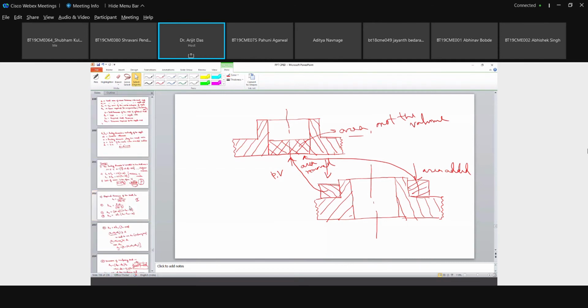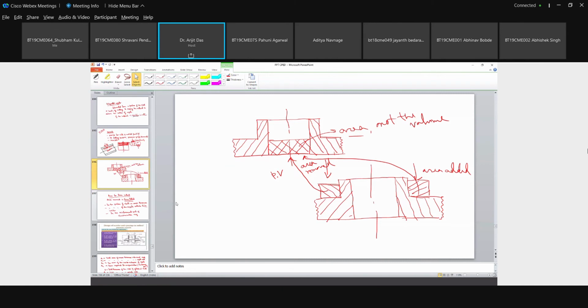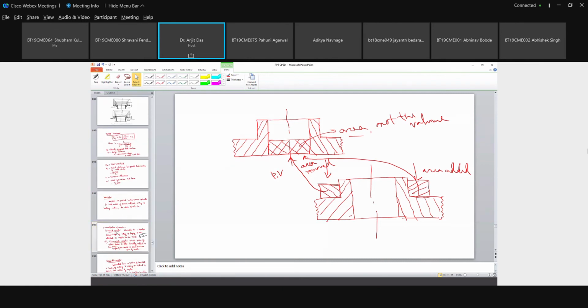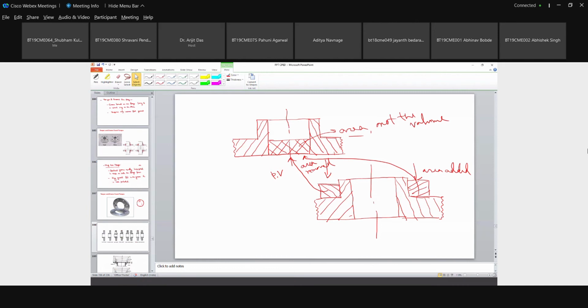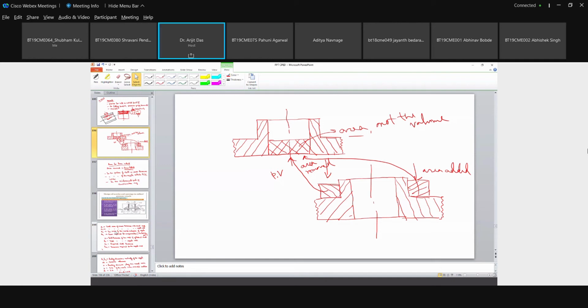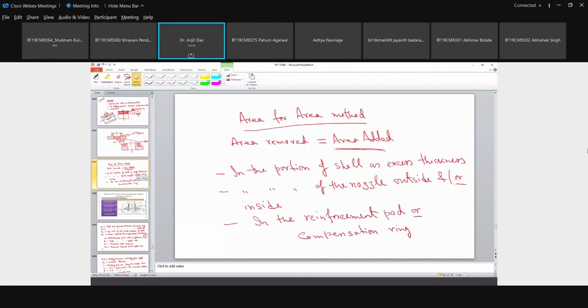So if I have the figure, then I can show it. It's no problem. No, it is not here. Okay, so we use it to compensate the area. Now, here we will do a design: how much area and where it should be compensated using the area for area method.